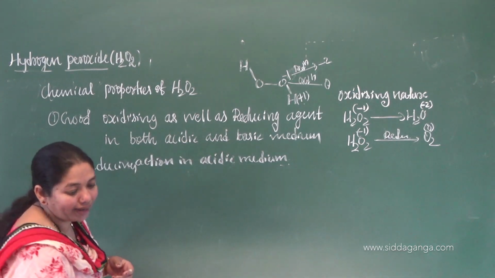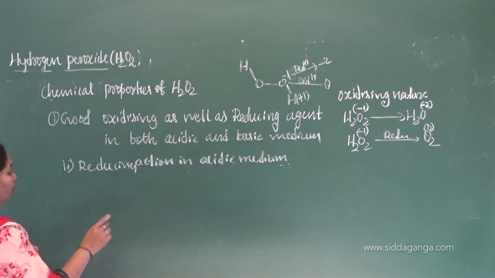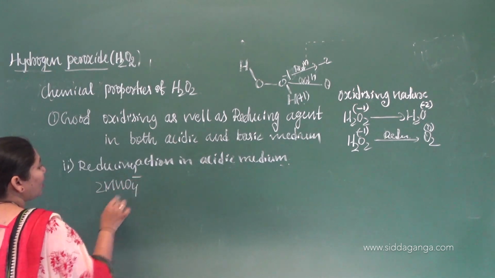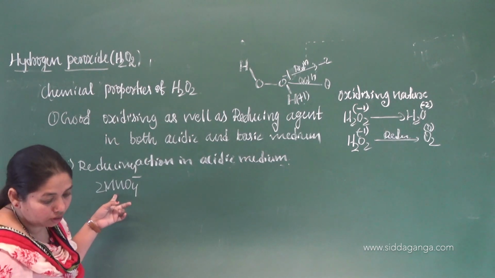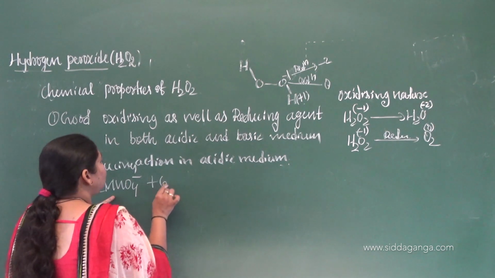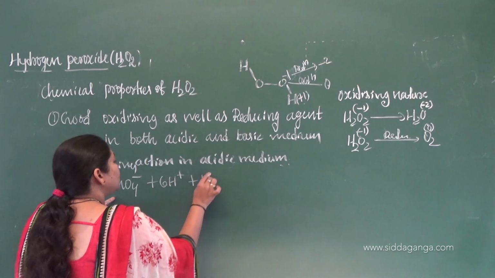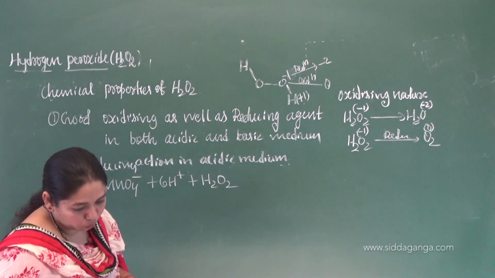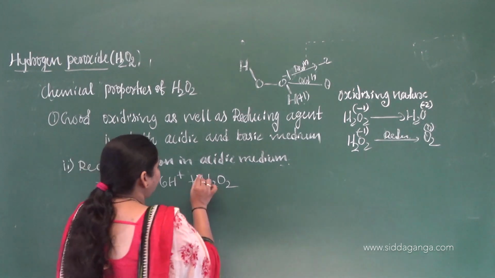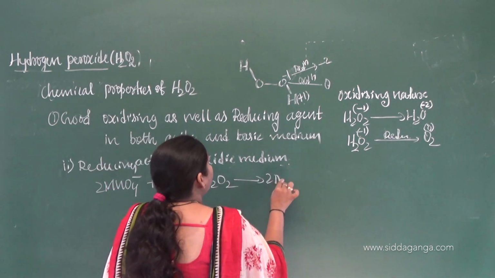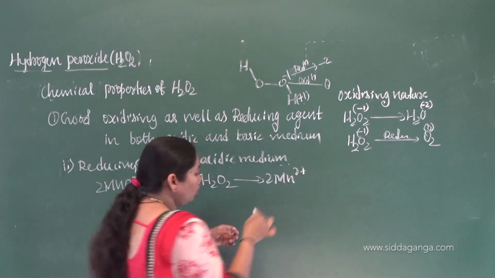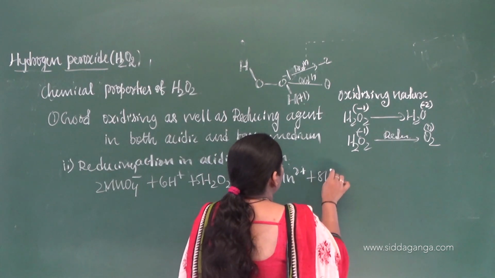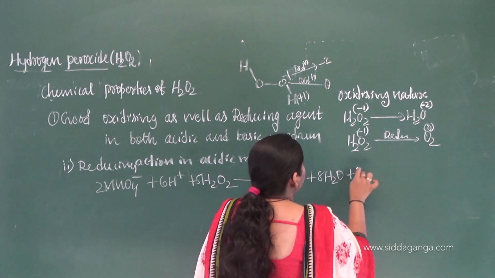You can have a simple example of potassium permanganate, that is KMnO4, or simply we write the ionic reaction: MnO4 minus plus 6H plus plus hydrogen peroxide, that is H2O2, gives 2Mn2 plus, 8H2O plus 5O2.